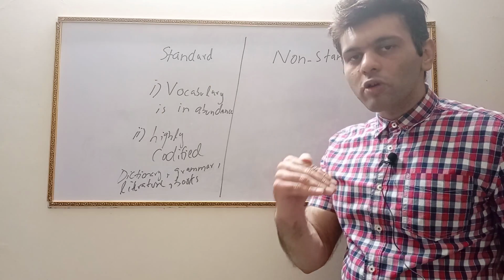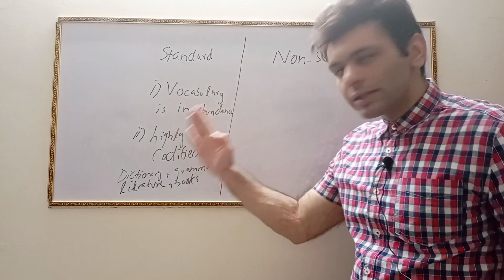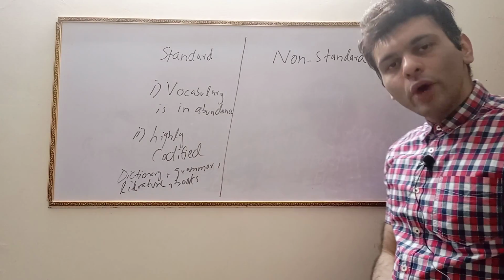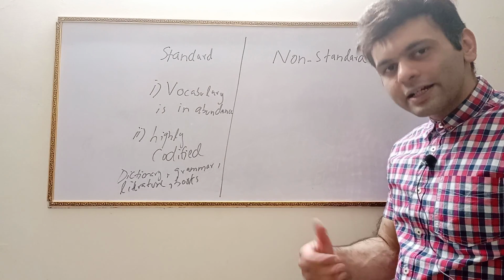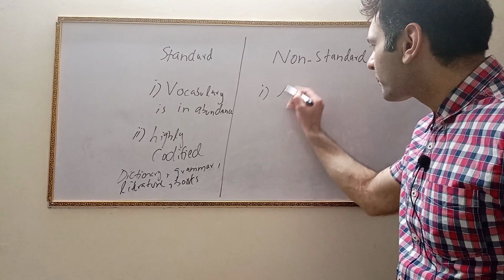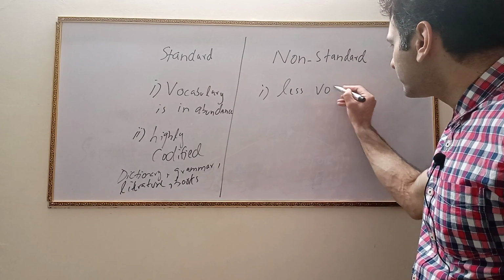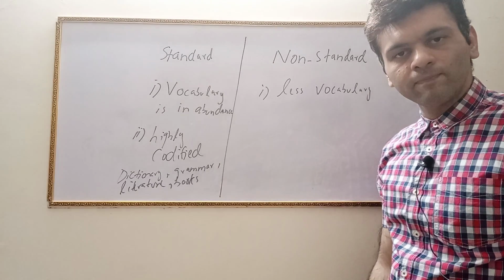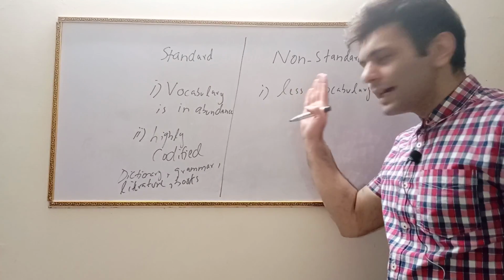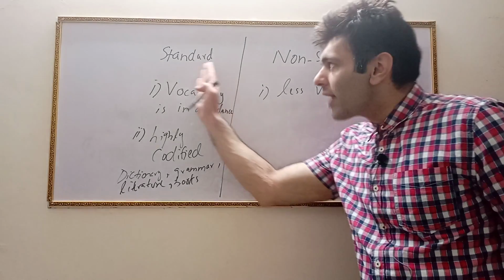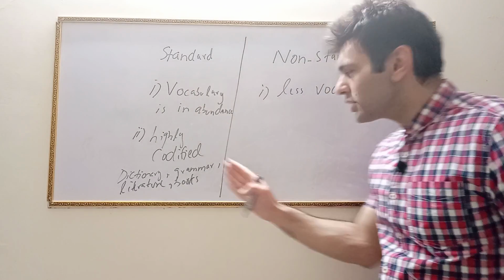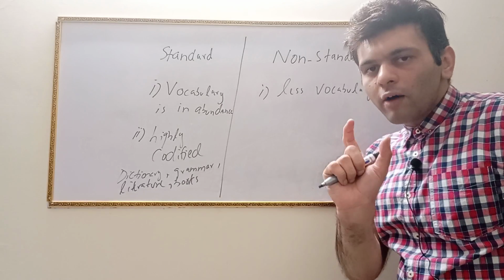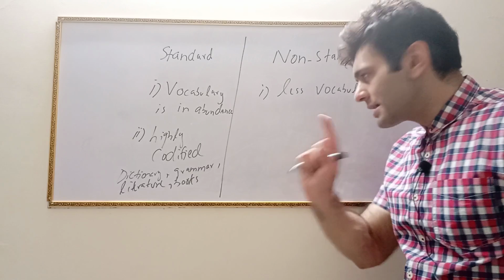which is formal enough, as opposed to a non-standard language which is considerably having a less vocabulary. It means that it is actually a variety of a standard language which has very minimal number of vocabulary items.